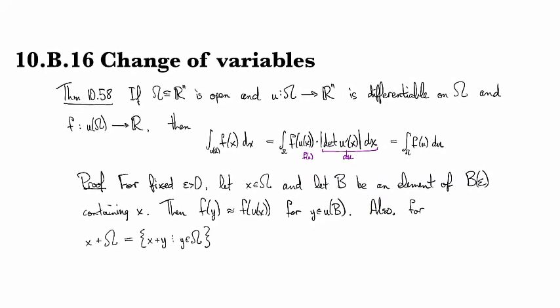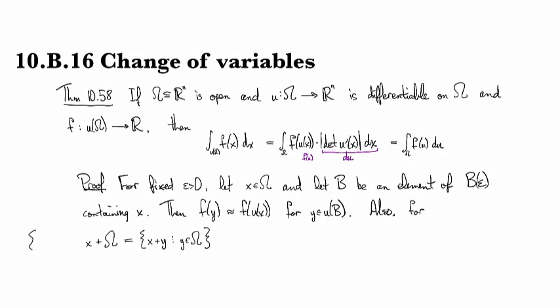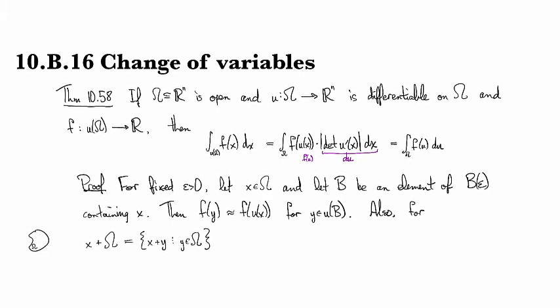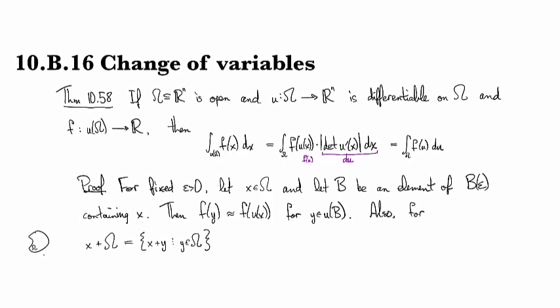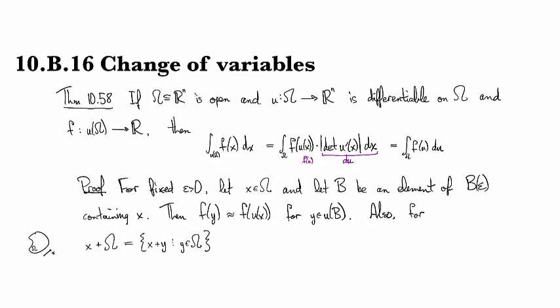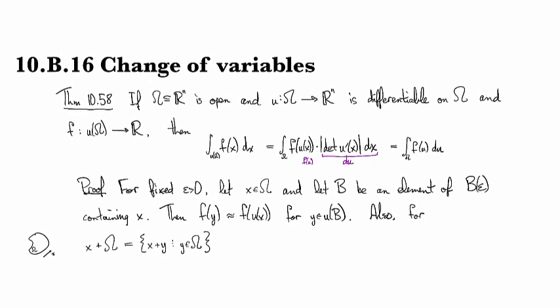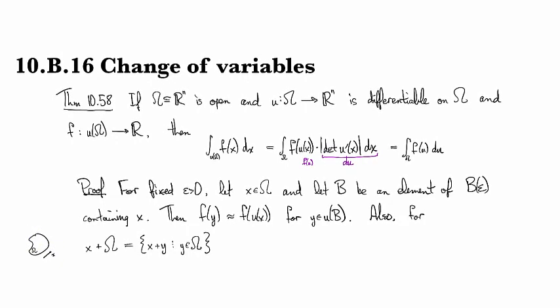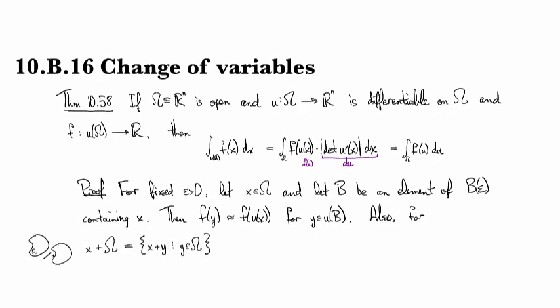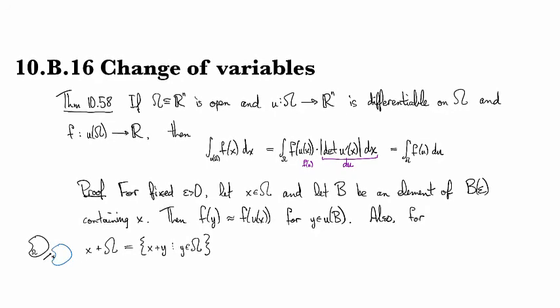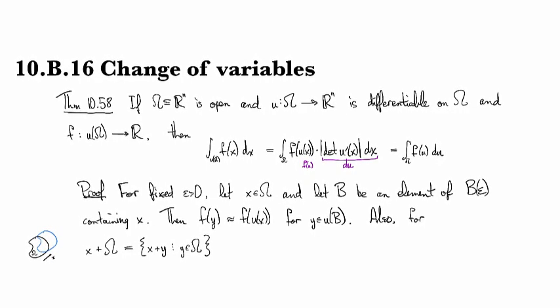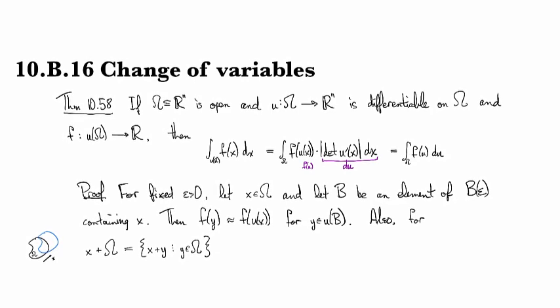So in other words, if this is my omega and this is my x, then I'm looking at taking this set and translating it like that.